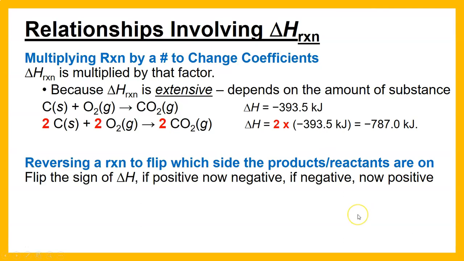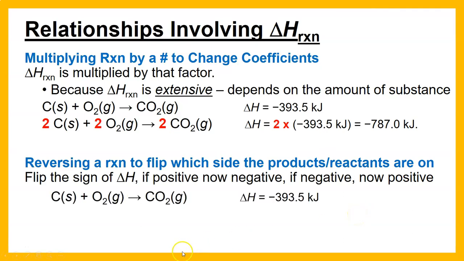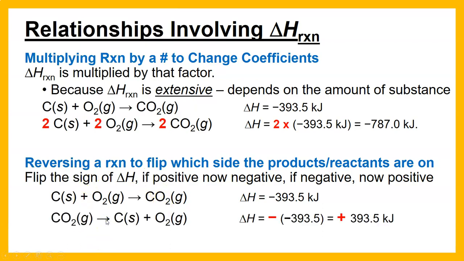So let's say I look in my data chart, in my appendix, and I have this reaction here. But the reaction I'm actually interested in is the reverse. I don't want carbon dioxide being made. What if I wanted carbon dioxide being broken apart? So what I can do is flip this reaction, and then instead of the energy being released, the energy would be absorbed.